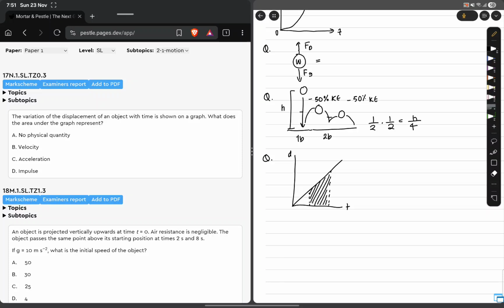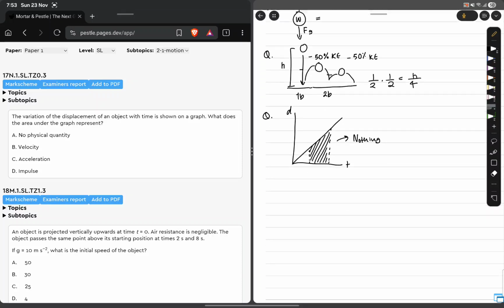For other graphs, if it was velocity or acceleration, then we'd have an actual value, but it's displacement, and displacement doesn't really have a value for the area. If you multiply displacement by time, you get meter-seconds. Where are you going to use this? It's introductory physics, and that's not used at all.